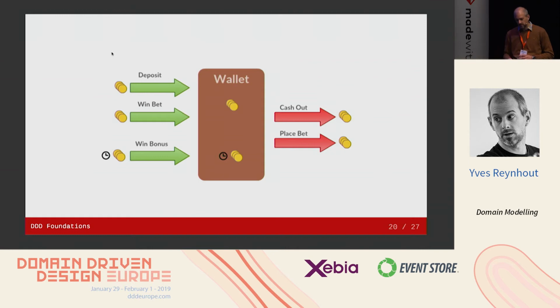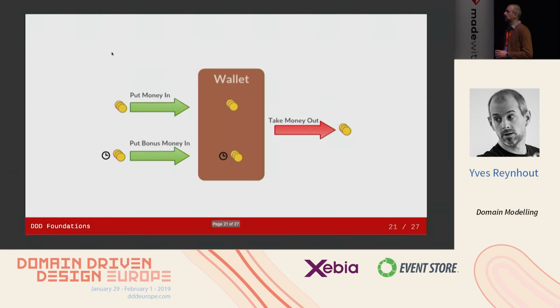But I want to point out something different here. The ultimate thing that we're doing here is that we can simplify things. It doesn't matter whether we win money or cash out. It's basically, again, putting money into the wallet and taking money out of the wallet.